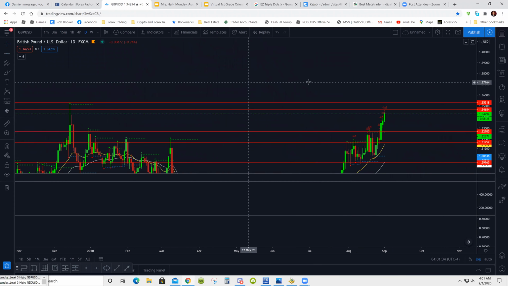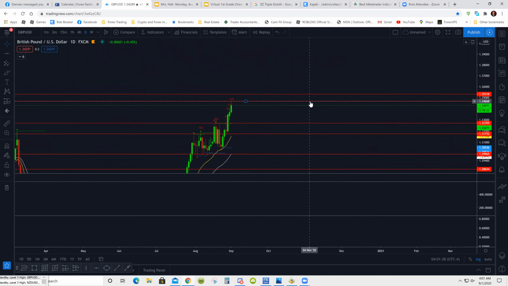I wasn't even counting on that. Okay, all right. GBP/USD, 1.3468, and then I've got 1.35318.